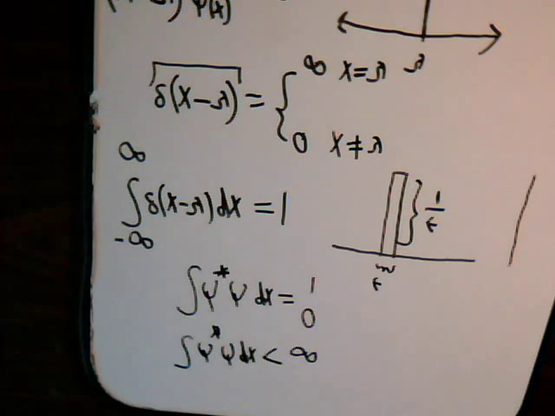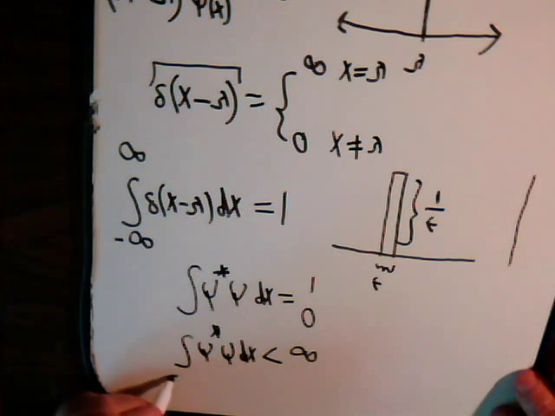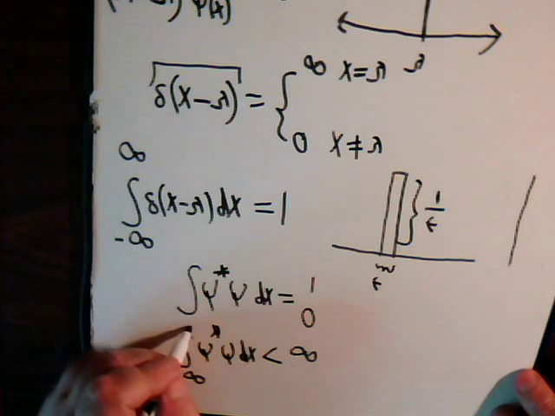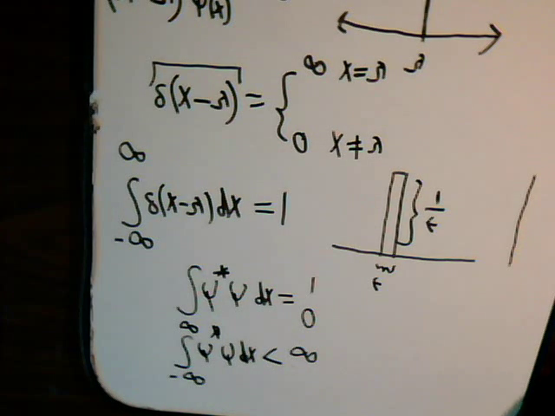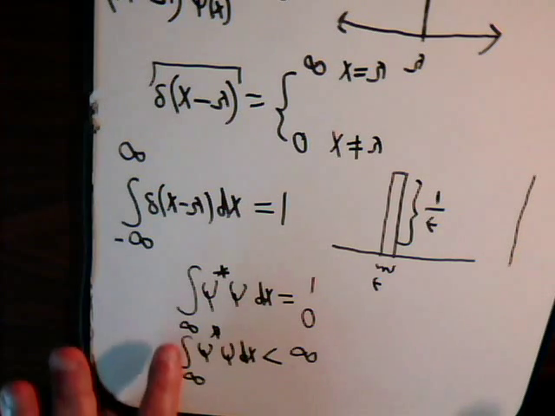In other words, it doesn't blow up. And over what range? Sometimes you see the definition going from minus infinity to plus infinity, or sometimes just in a certain region with limits from a to b.